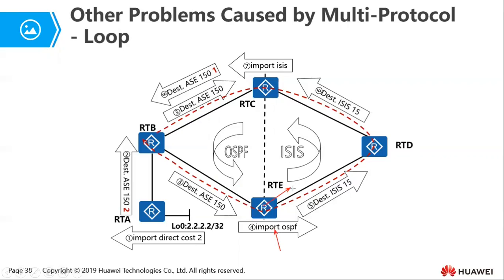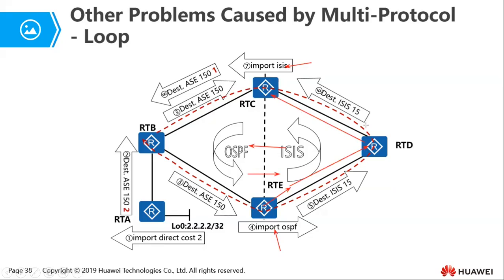Once we do that, we advertise that route, number 5, to RTD. RTD is going to advertise it to RTC. In RTC, we have also configured an import so that we can import routes from ISIS to OSPF, just like we've done here in RTE, where we import routes from OSPF to ISIS.